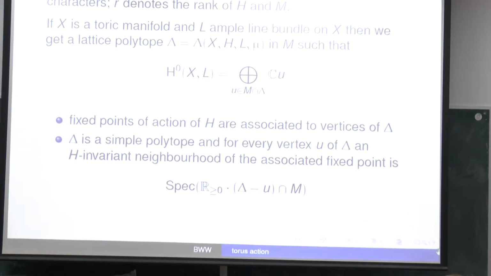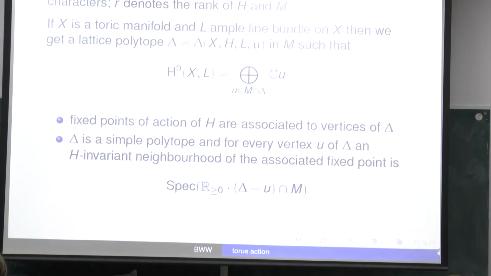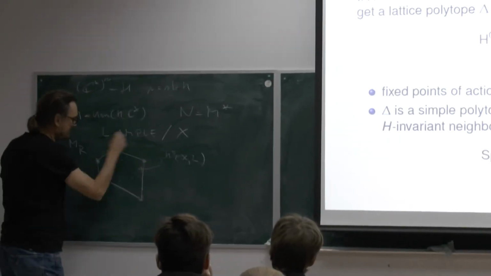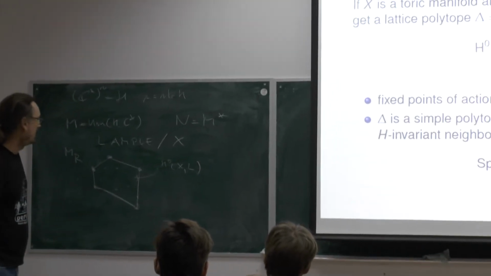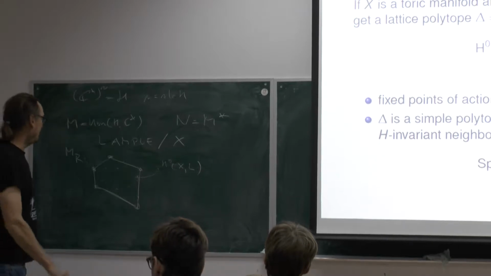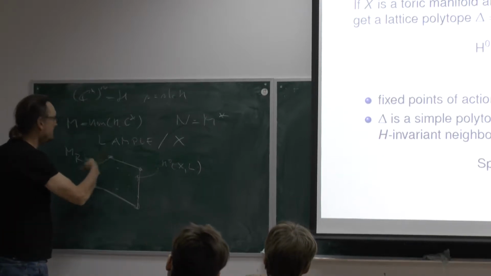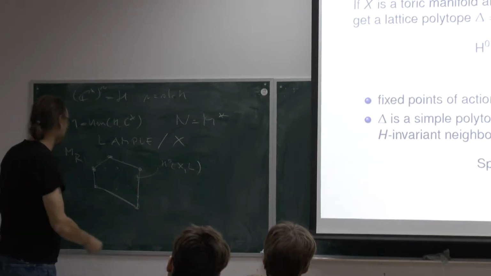And moreover, you can describe this variety in terms of the dual objects in the space of N, so you can construct a normal fan, or you can think about the complex associated to this polytope and define the ideals associated to the faces of this polytope.